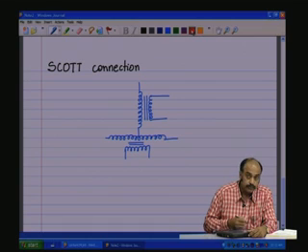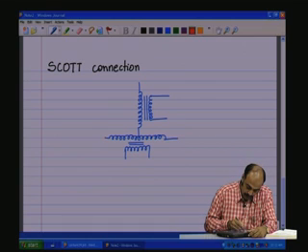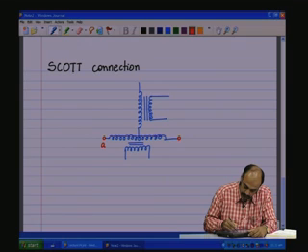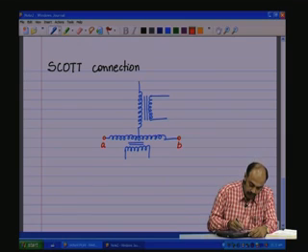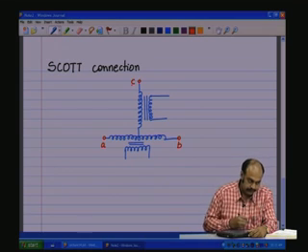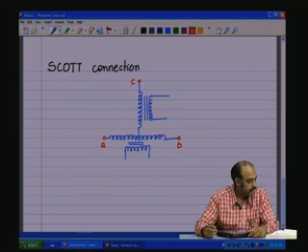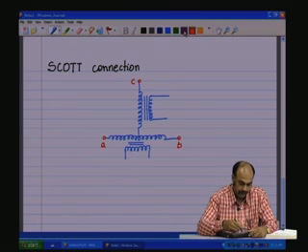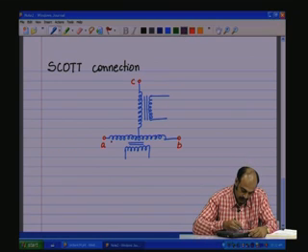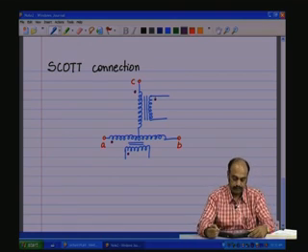So, we have this point is A, this point is B, this point is C, with the following dot polarities, we have the dot here and the dot here and dot here.